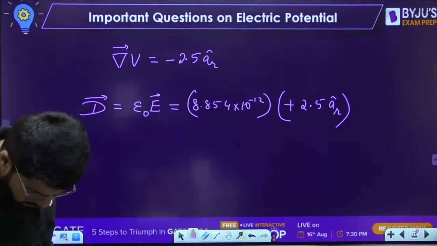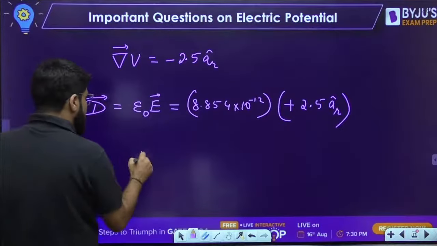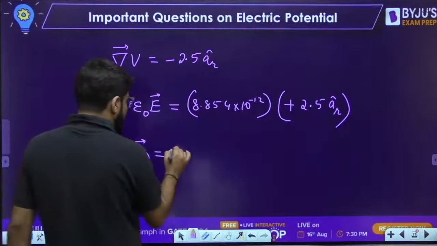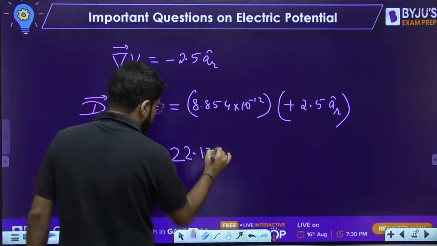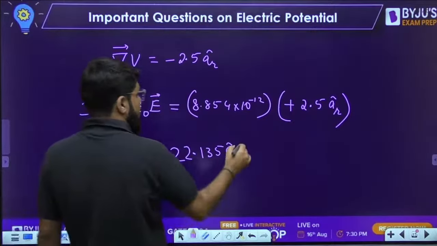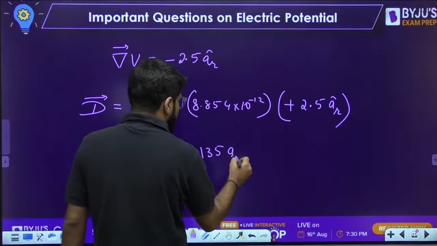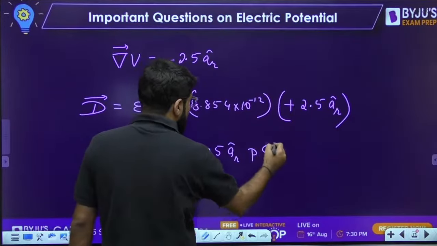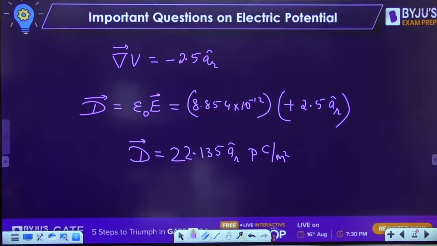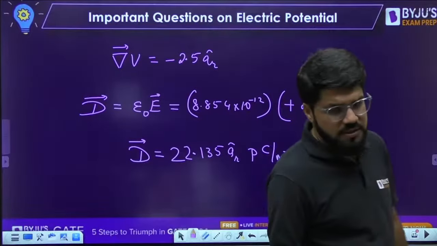Solving the value, I am getting the flux density as equal to 22.135 ar, into 10 raised to the power minus 12 actually. So 10 power minus 12 is picocoulomb per meter square, the flux density unit. So 22.135 picocoulomb per meter square in the radial direction, the ar direction.